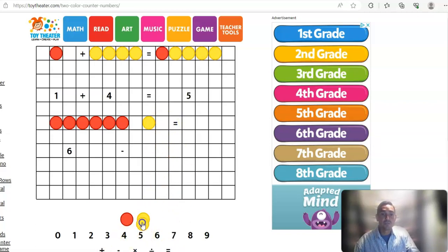I guess they should be red too because they're the same people who were already there. So 6 friends to start, 2 friends now left, and that's going to leave us with 1, 2, 3, 4. So 6 minus 2 equals the number 4, which we learned in kindergarten.